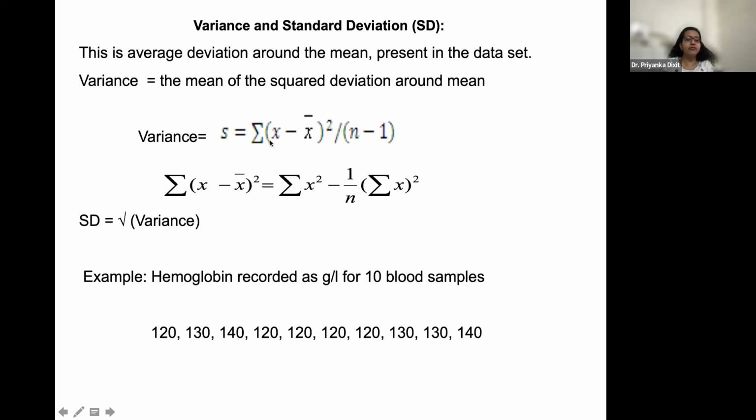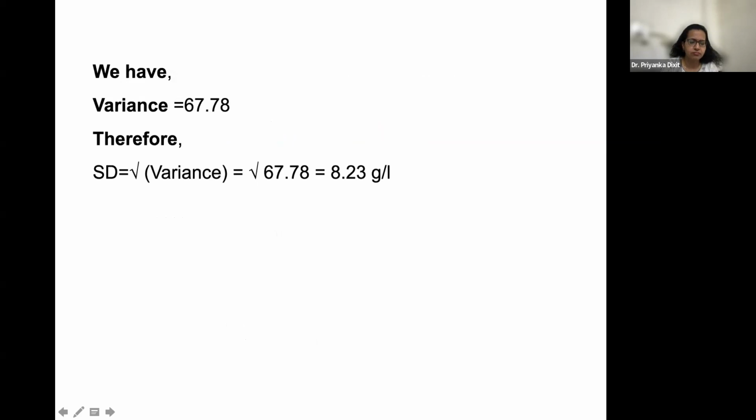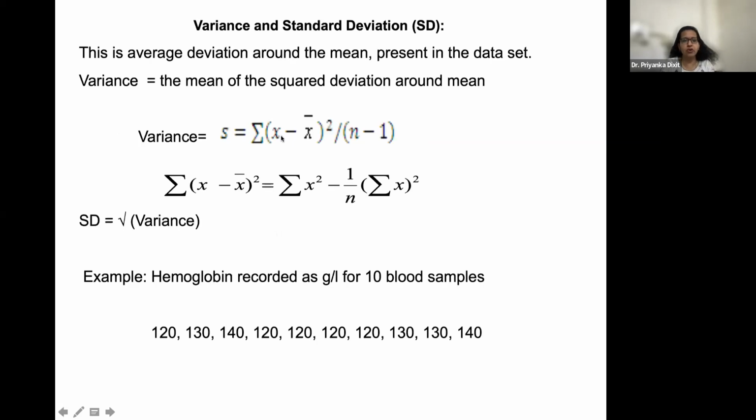If you look at the variance formula which I have shown in the slide, the variance formula is the same as the mean deviation formula. The only difference is that in place of the modulus value, I am using the square. So variance is nothing but the summation of xi minus x bar whole square divided by n minus 1.